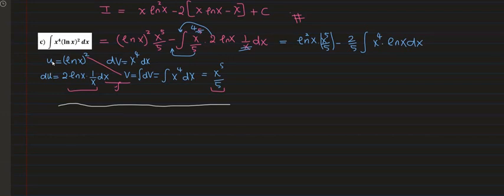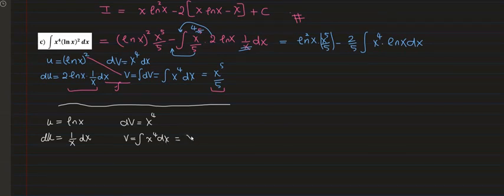And we have to save the u that we used in the first by parts. So we will use u as now the ln x and dv as the x to the power of 4. As we did before, we will differentiate the ln x to be 1 over x dx, or we can write u dash, and v is the integration of dv, which is the integration of x to the power of 4 dx.